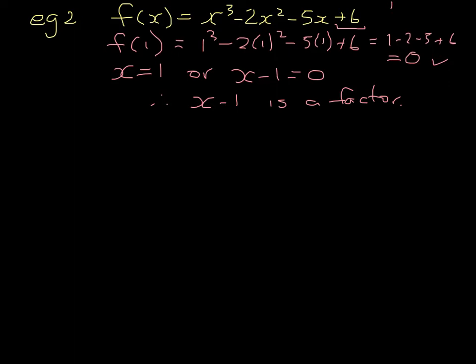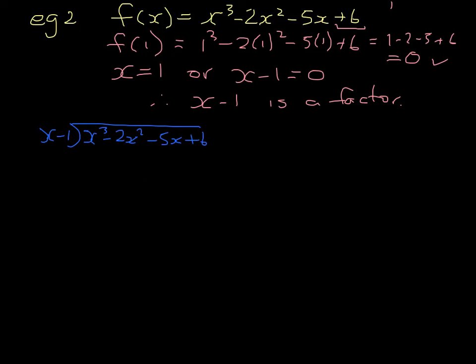Okay, so we need to go x minus 1 into our original function, which is x cubed, take 2x squared, take away 5x plus 6. Okay.